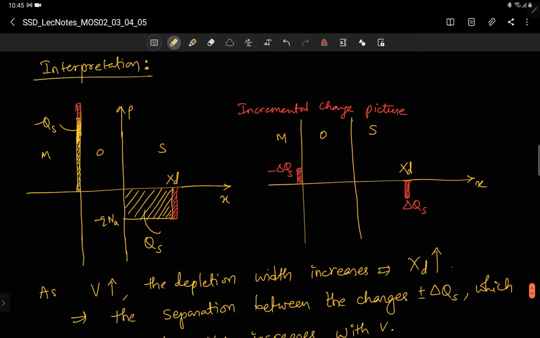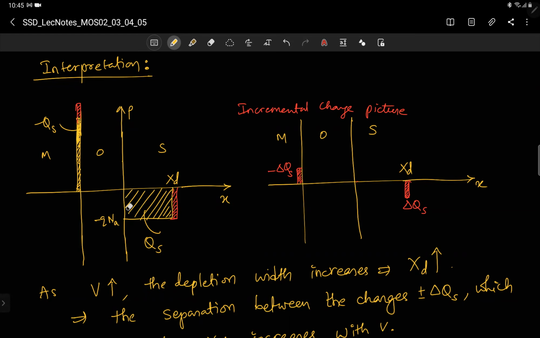So since the depletion width increases, the change in charge is happening at xd distance from 0. It is not happening at the oxide edge, because at the oxide edge, unlike in accumulation, now we have a completely depleted region. So charge here cannot increase beyond this, unless we get into inversion, where electron charge starts appearing at the interface.